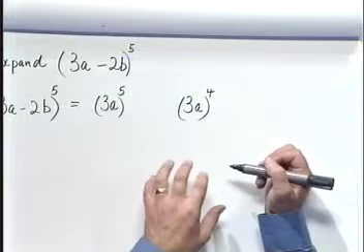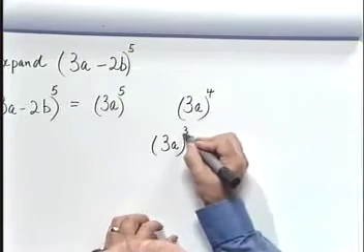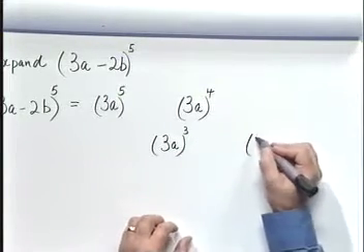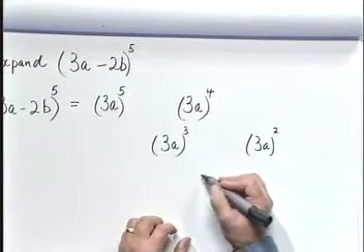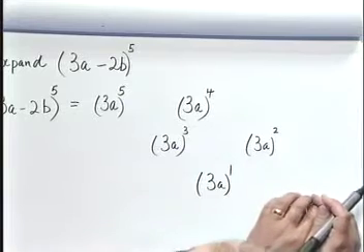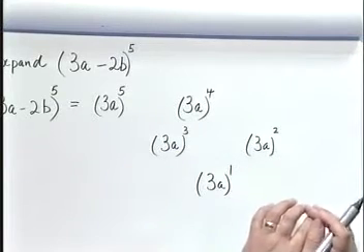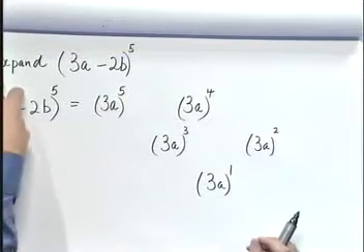There'll be another term with 3a to the power 3, then 3a to the power 2, then 3a to the power 1, and then there'll be a final term that doesn't have 3a in it at all. That deals with this first term.